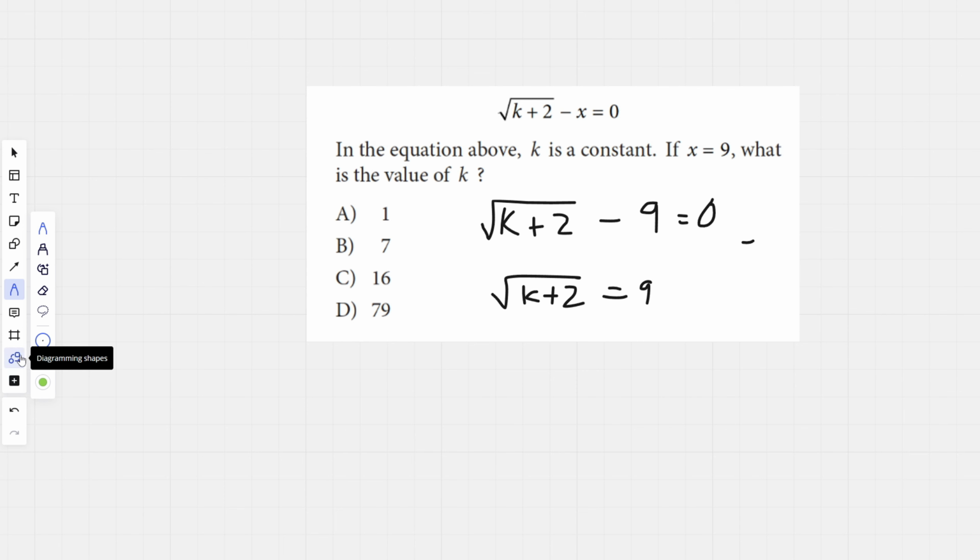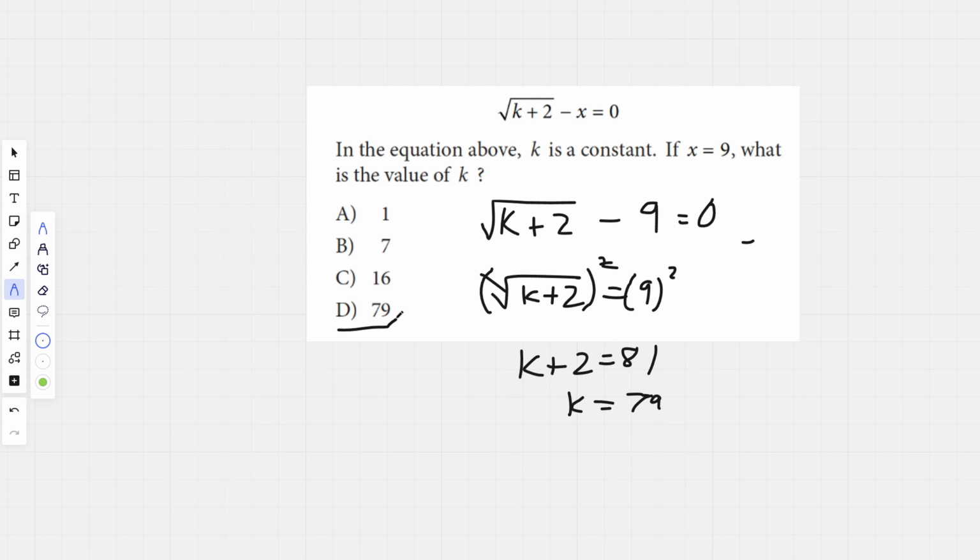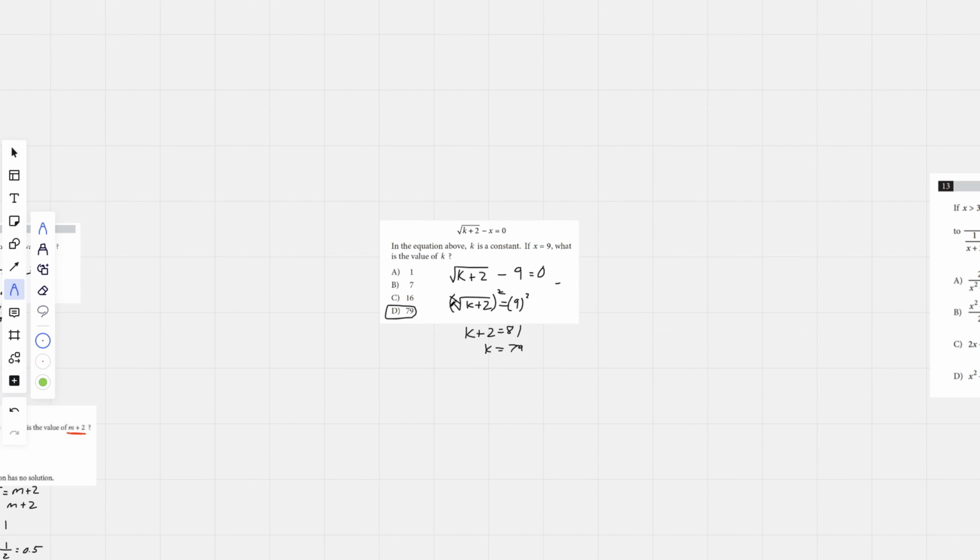And now what I'm going to want to do, how do I get rid of this square root? Well, I'm just going to square both sides. So now the square and the root cancel, right? So I get k plus 2, and 9 squared is just 81, and k equals 81 minus 2, which is 79. And that's my answer.